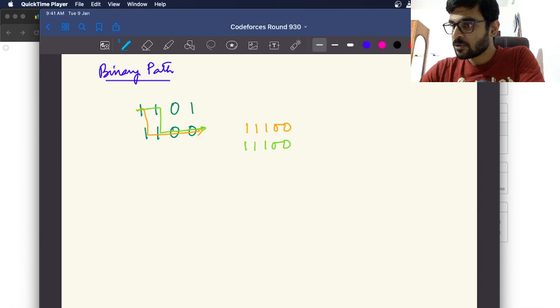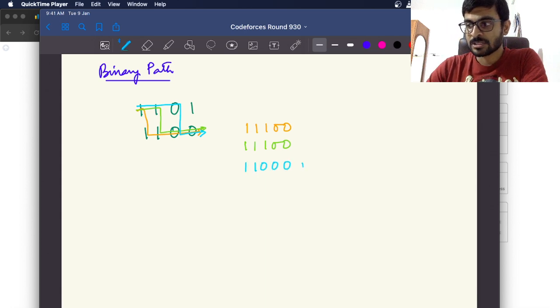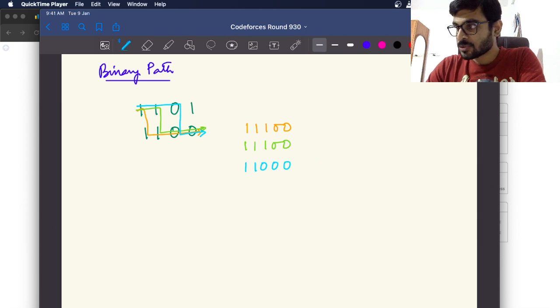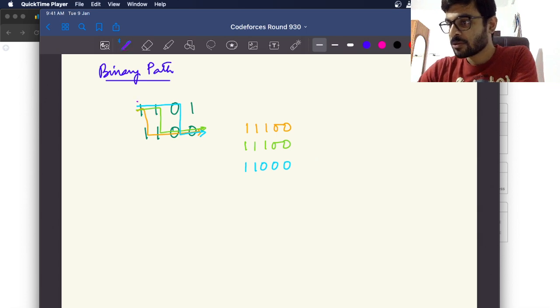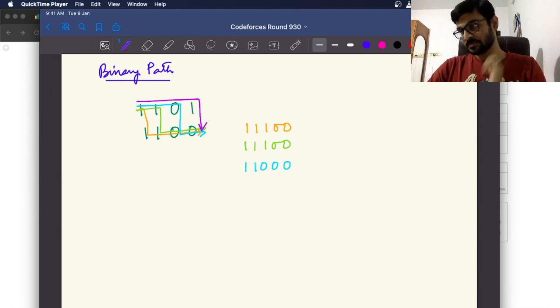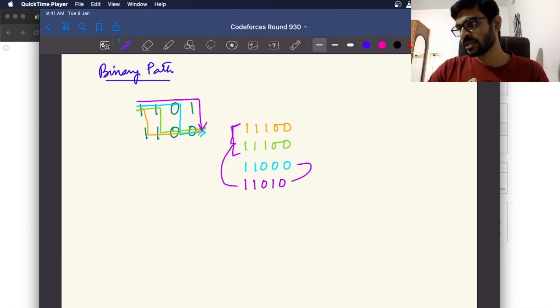If we say okay, we will go 3 steps to the right, then down, then over here, this sky blue thing gives us 11000. Till now this is the best. The top two are the same and they are not as good. And the last one, let us also not skip that. We will go to the extreme right and then down, and that will give us 11010, which is better than the top two but not as good as the sky blue one.